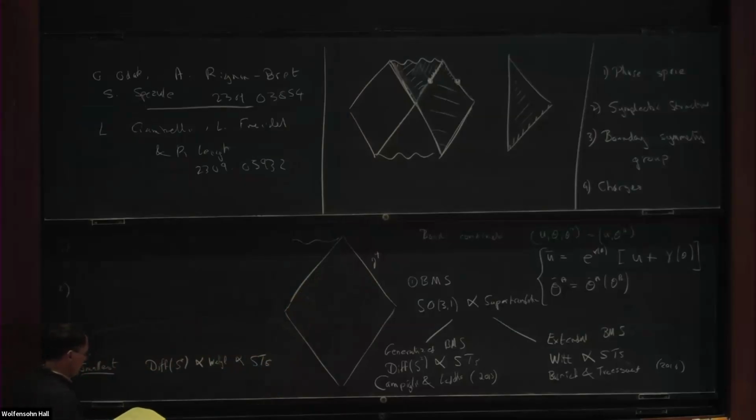There's a slightly larger group. A difficulty with this group is it's based on a certain gauge fixing. And just like the original analysis of the BMS group at Future Null Infinity, which was based on a gauge fixing that people later realized was unphysical, you were fixing a degree of freedom that was not gauge. It was actually a physical degree of freedom because it did not correspond to the degeneracy direction of the symplectic form.